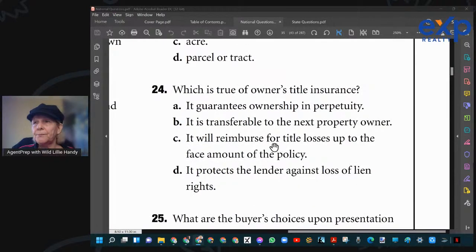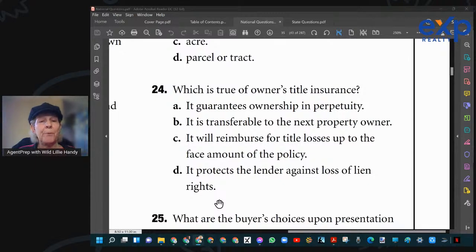Very good. So let's see. Number 24, which is true of owner's title insurance? Owner's title insurance. What is title insurance? A, it guarantees ownership in perpetuity. B, it is transferable to the next property owner.